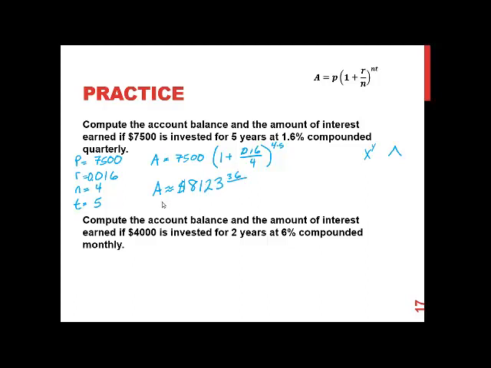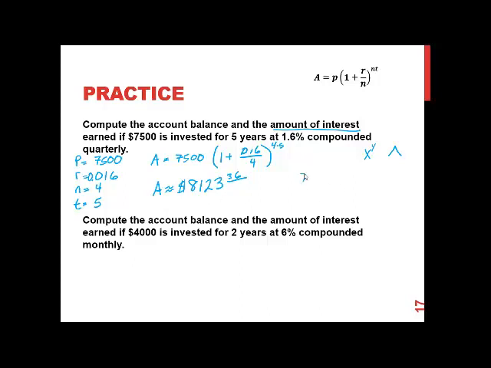8,123.36. So that's what will be in the account after the 5 years. Now we're also asked to figure out the amount of interest. Unlike the simple interest formula where the N tells you what the interest is, with the compounding formula it doesn't tell you the interest straight out, it tells you the ending balance.